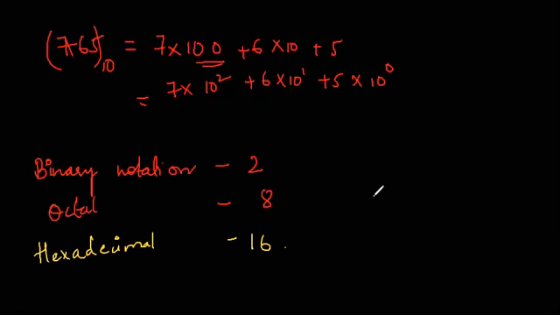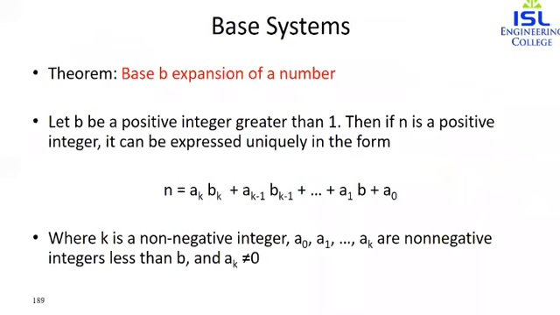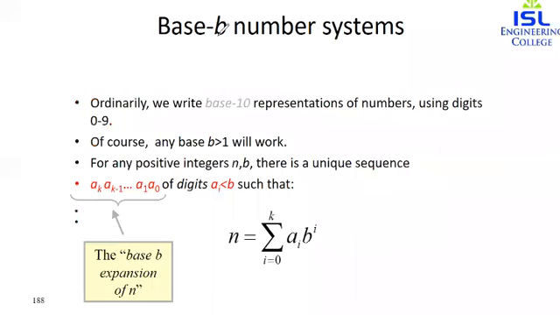Now we will see a general formula used for the representation of a base. Whenever we are talking about the base b number system, any integer greater than 1 can be used as a base. Ordinarily, we write the base 10 representation of numbers using digits 0 to 9, but any base greater than 1 will work. For any positive integer n and base b, there is a unique expansion, in the way that I have shown earlier.